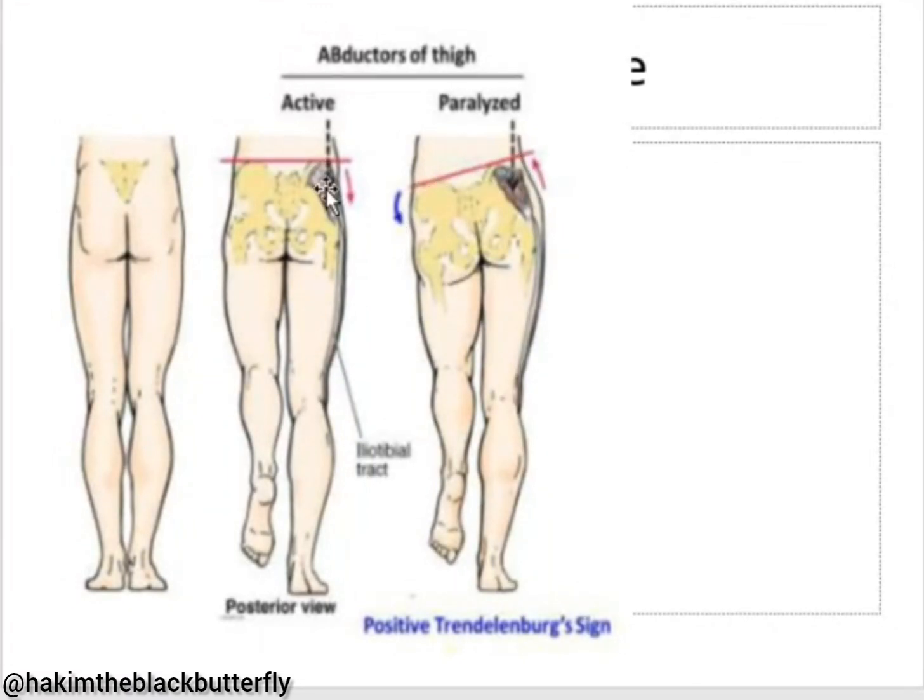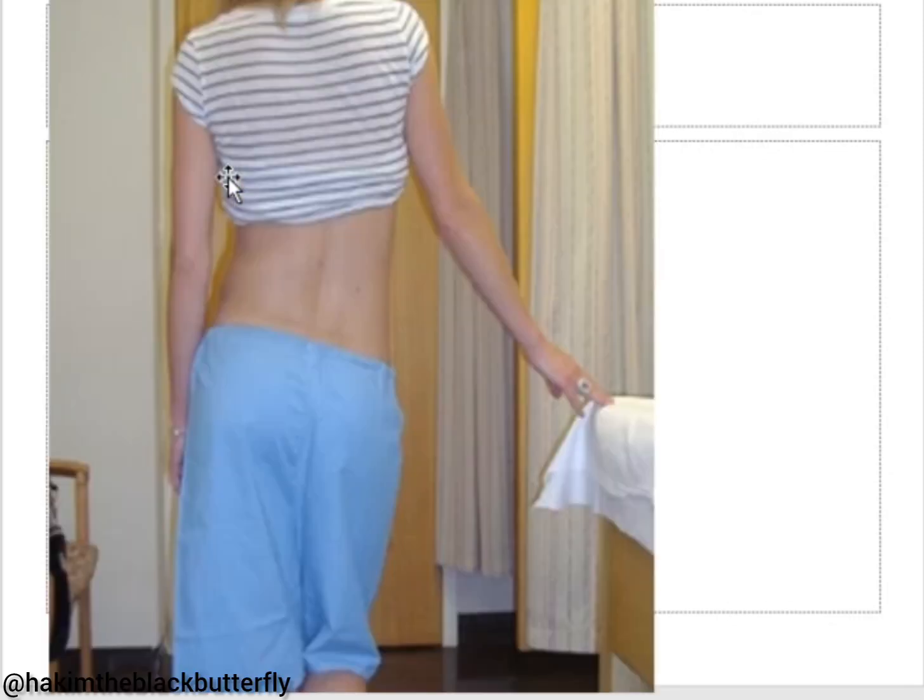But if the muscles were contracting, the positive Trendelenburg sign would not occur, because their contraction would stabilize this joint, and it would remain at the same level as the joint on the opposite side. So you see a positive Trendelenburg sign here. This joint has dislocated superiorly because the gluteus medius and minimus have paralyzed. They can no longer stabilize this joint. But if it wasn't the case, these two joints would be at the same level.